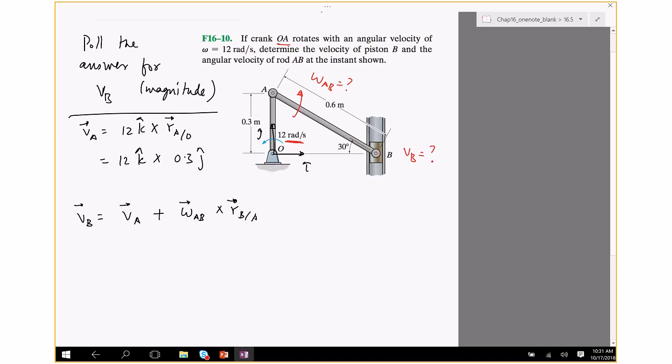Write these vectors, omega AB is unknown. You know the vector from A to B, and solve for B.